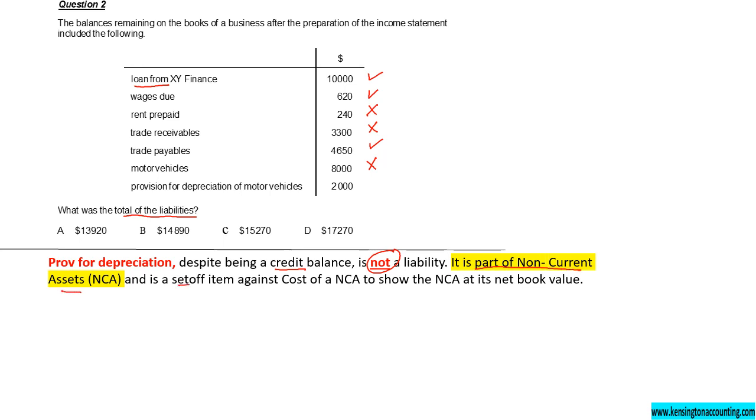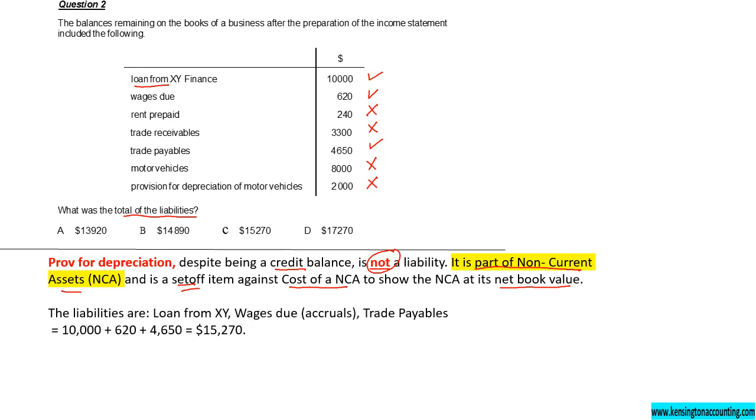It is simply a set off against costs of non-current assets to obtain its net book value. Therefore, provision for depreciation is not a liability. Therefore, total liabilities is 10,000 plus 620 plus 4650, which is 15,270. Therefore, the answer is C.